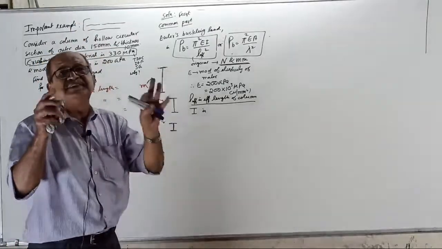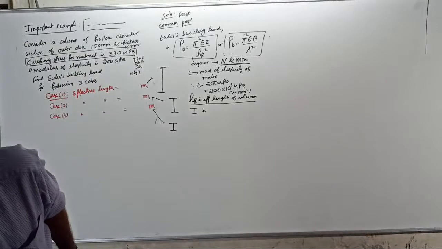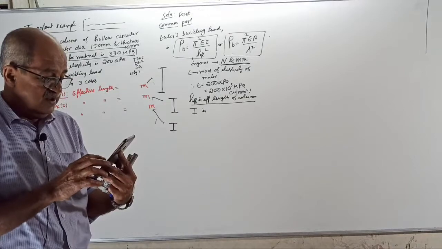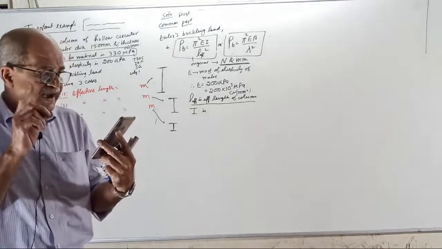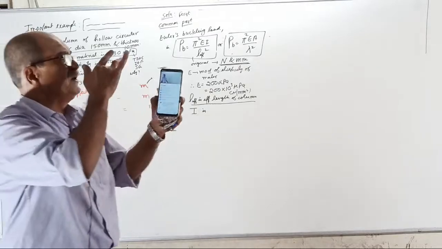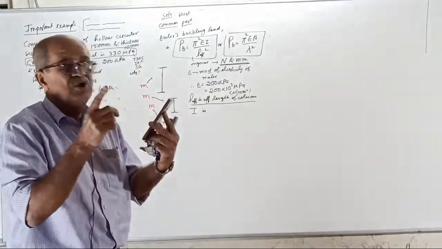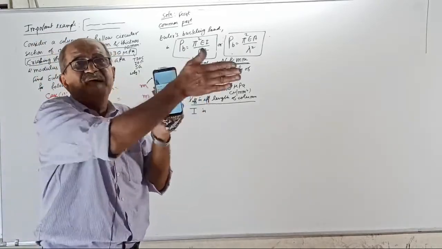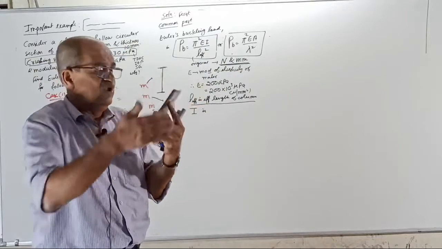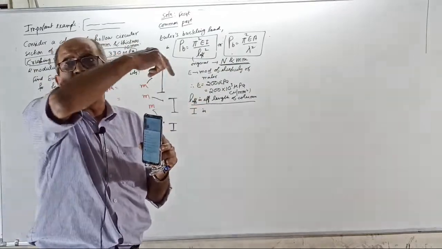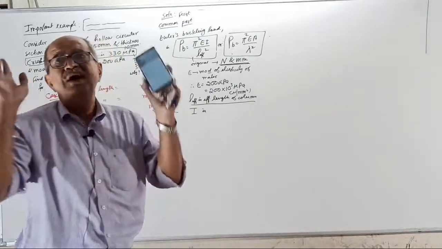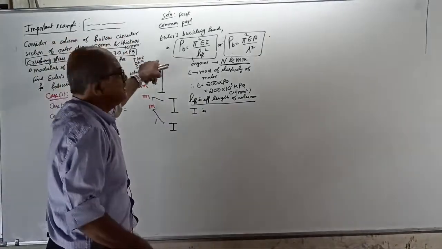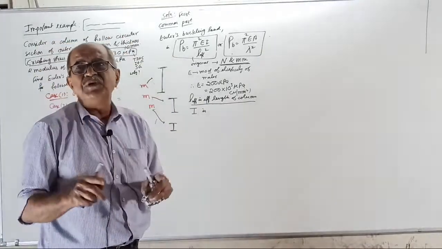That comes in RCC and steel, where I told very clearly about effective length with respect to this side and that side, the XX or YY axis. It comes in the applied subject. In strength of materials, we don't bother. L effective is the same with respect to both axes.